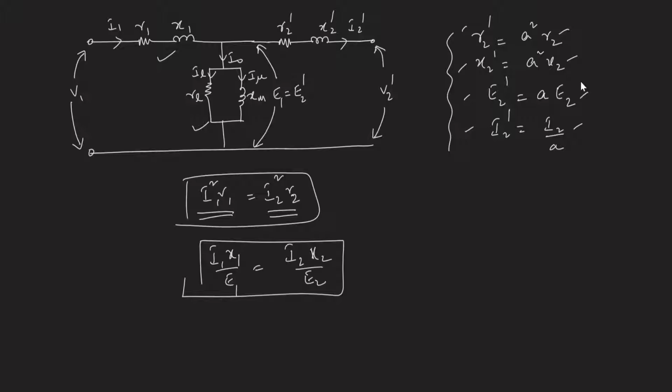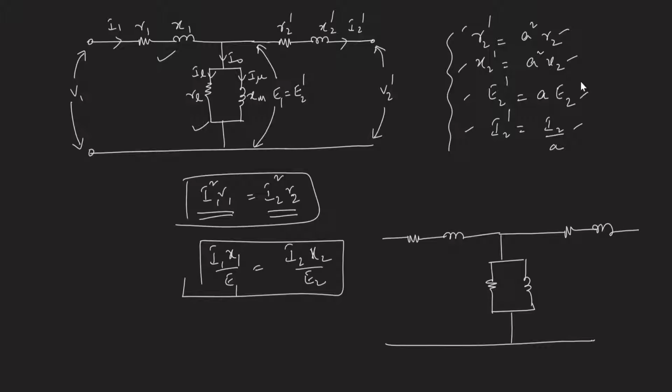Now similarly, if I draw the equivalent circuit diagram for the transformer referred to the secondary side, I will have the same diagram, but the parameters will be referred to the secondary.